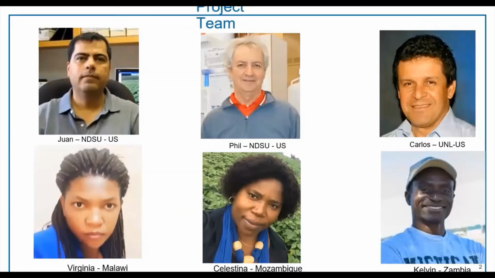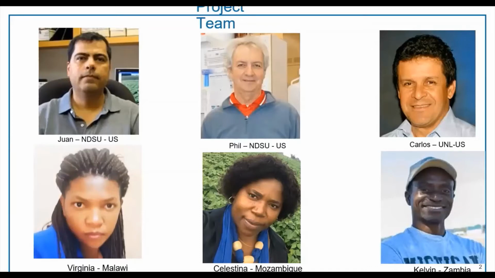So, introducing my research team, the lead PI is Dr. Juan Osorno, who's from North Dakota State University. And then there are 5 of us who are the co-PIs. There is Phil McLean, who's a professor at NDSU, and Carlos Urrea, who's a professor at University of Nebraska-Lincoln.